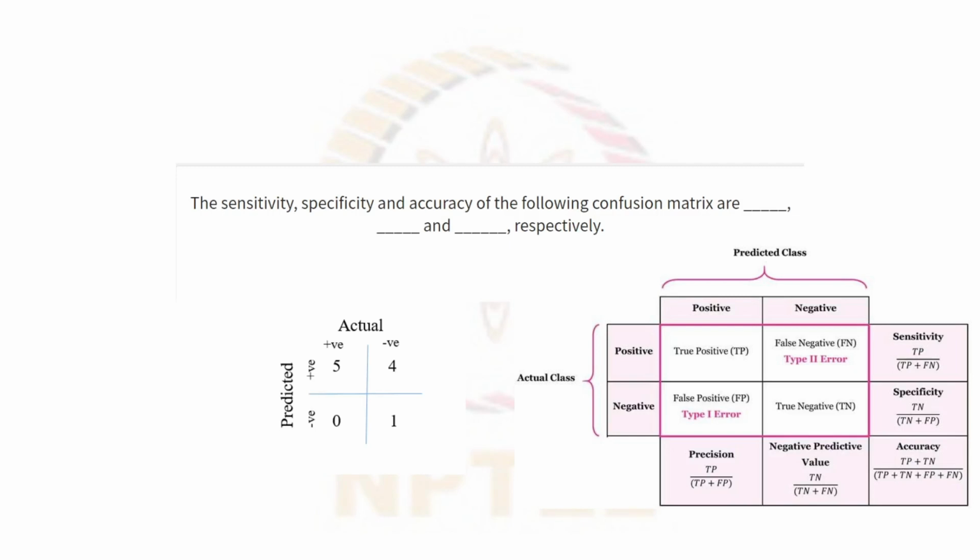Here we have 5 true positives, that is actually positive and predicted as positive.